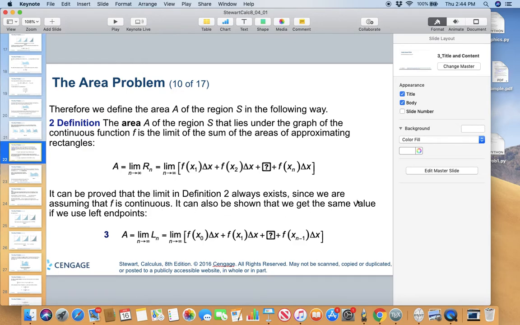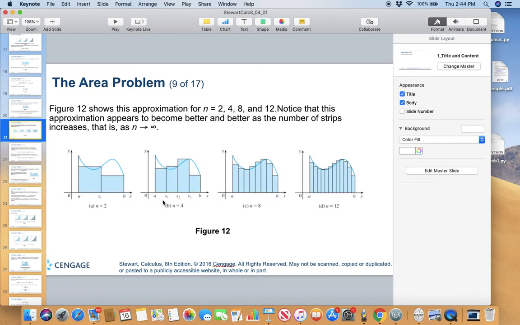It can also be shown that this limit is the same as the limit when you take left endpoints: f(x0), f(x1), and so on. Notice the width is the same. But why is this f(x0) instead of f(x1)? Let's go to the picture. Here is an example. This is x1, this is x0. You see, a is x0. If I choose the height corresponding to a, that gives me, for this rectangle, the left endpoint height.